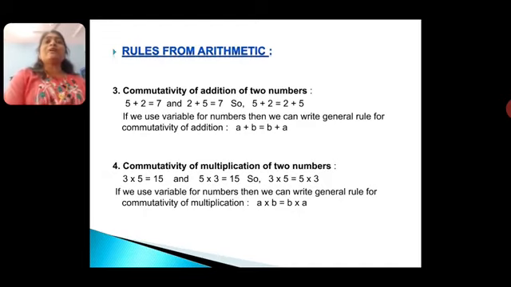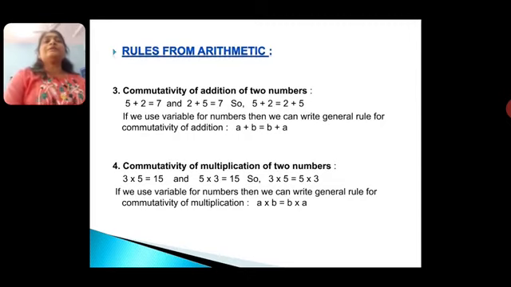For 2 numbers 5 and 2, 5 plus 2 equals 7 and 2 plus 5 is also 7. So, 5 plus 2 equals 2 plus 5. If we use variables for numbers, then we can write the general rule for commutativity of addition. That means a plus b equals b plus a.